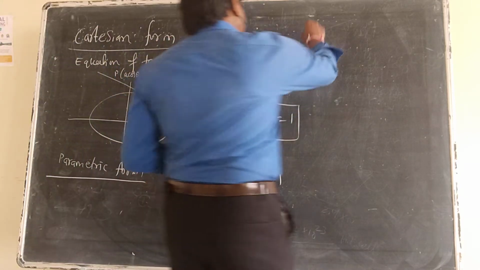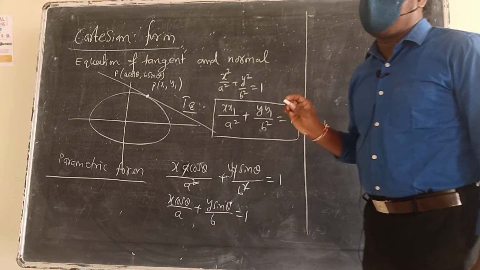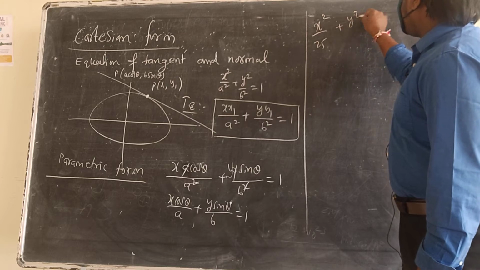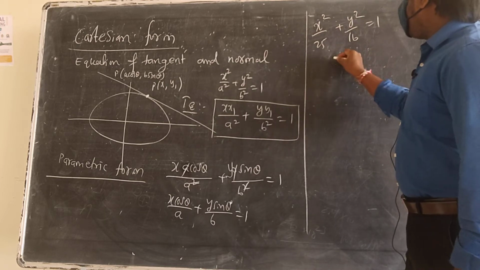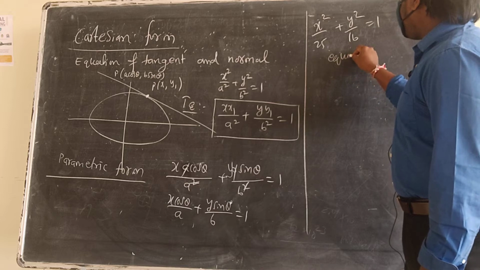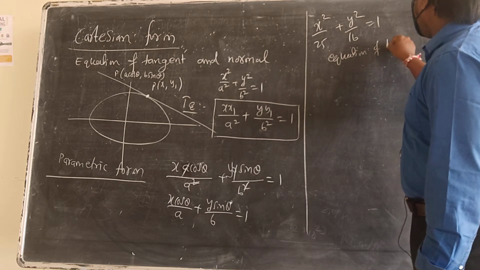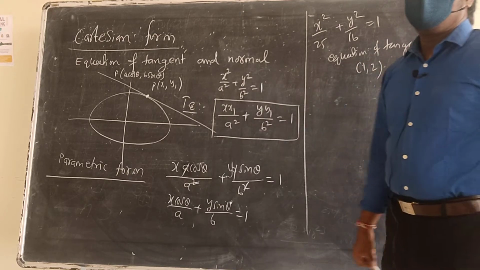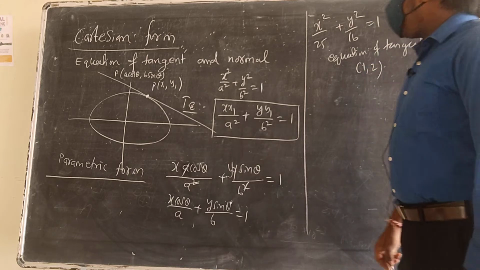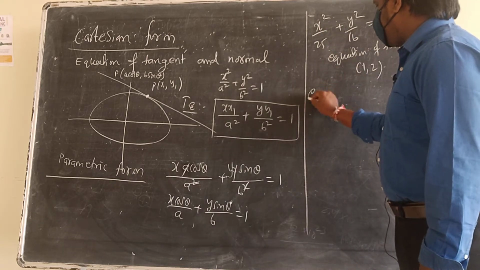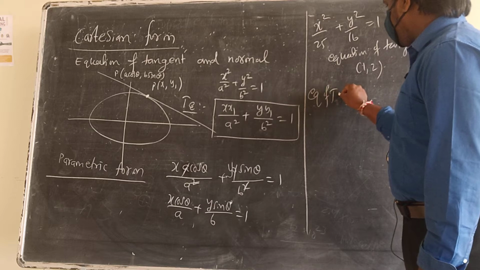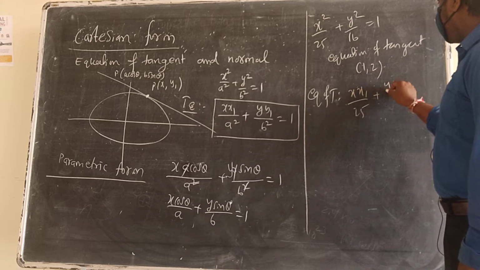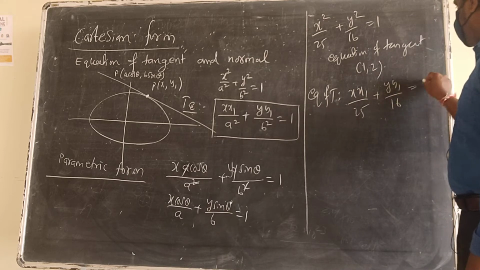For example, an ellipse is given: x²/25 + y²/16 = 1. You want to find the equation of the tangent at a particular point, say (1, 2). According to the equation of the tangent we write x x1/25 + y y1/16 = 1.